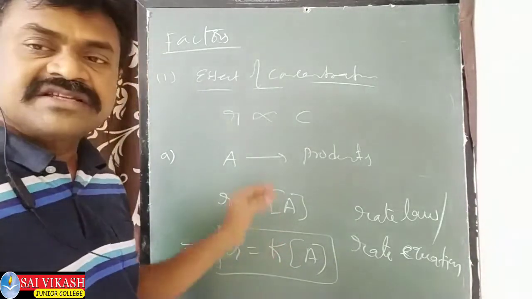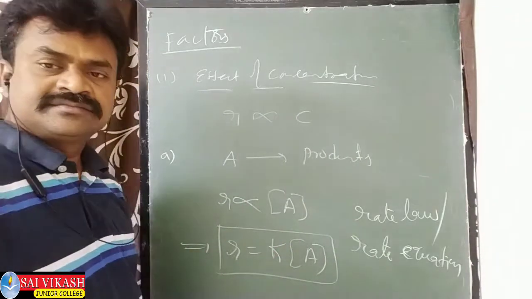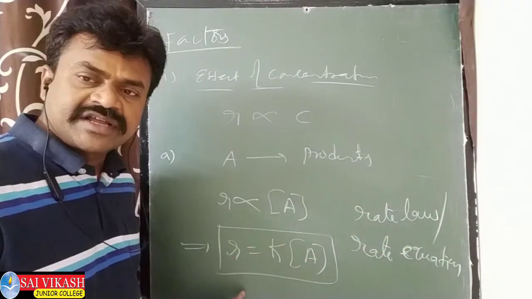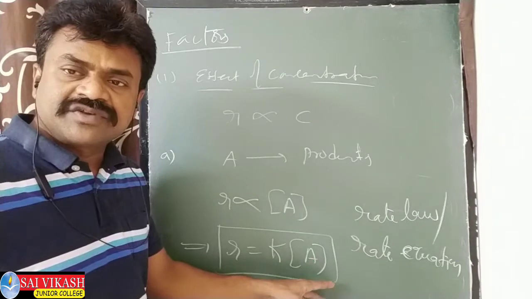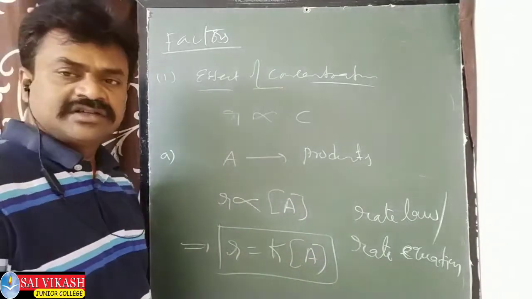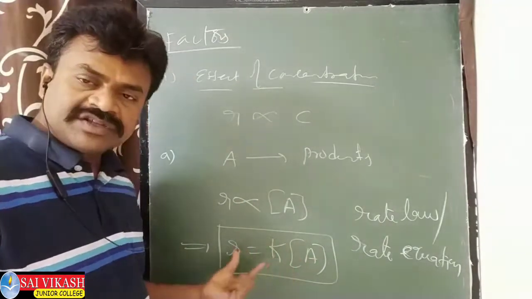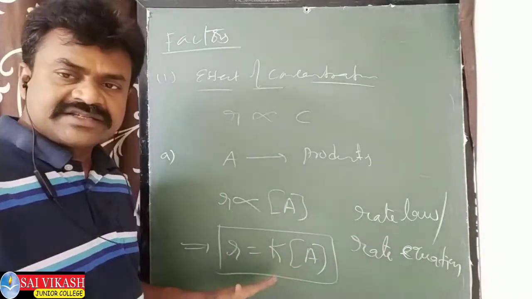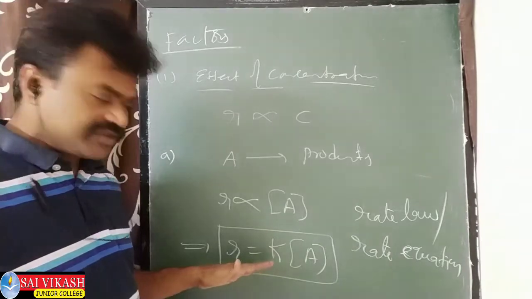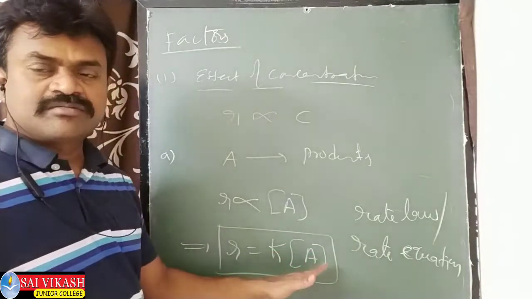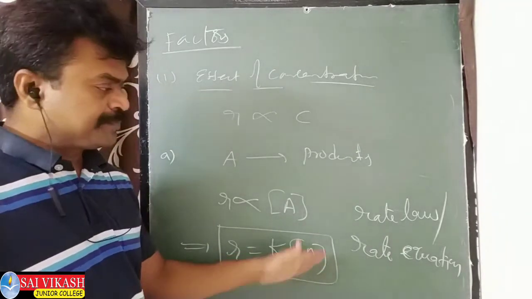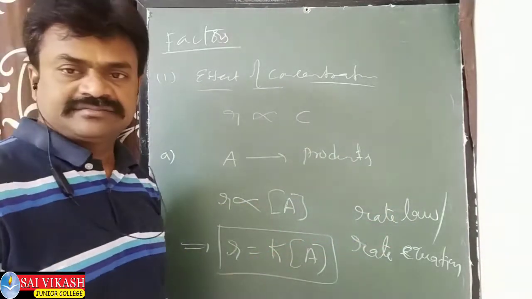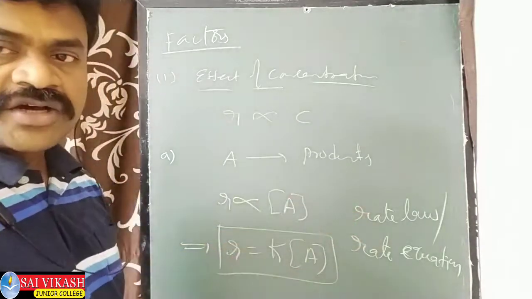Here K means rate constant. So the relation between all these three gives the rate equation. The way of writing the rate with respect to the rate constant and the molar concentration of reactant is known as rate law or rate expression.